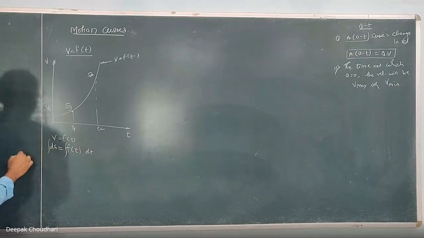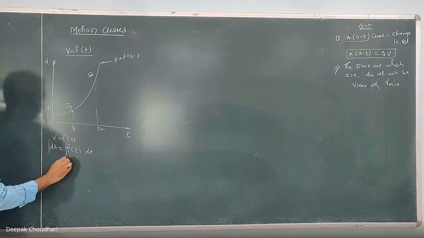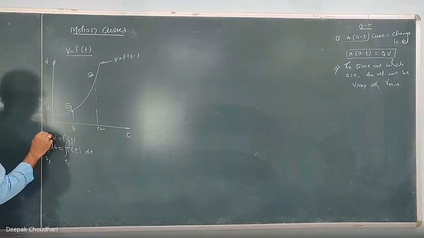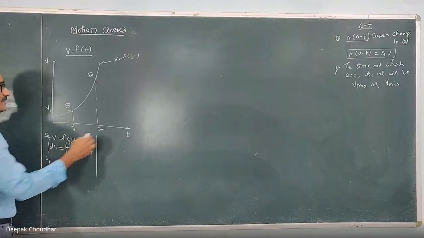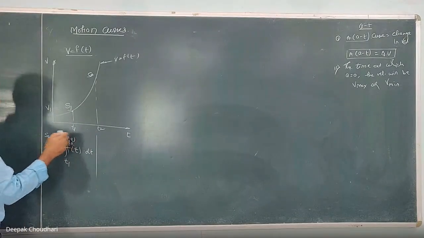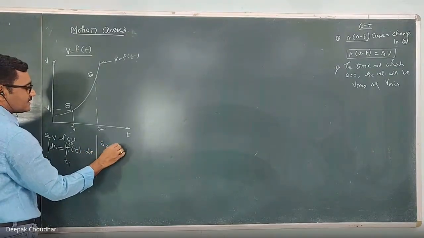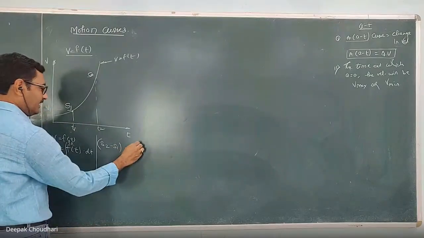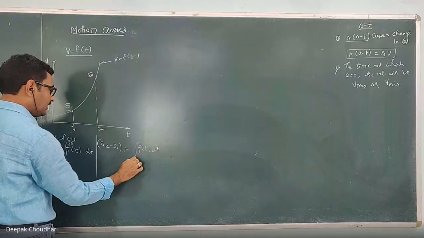If I integrate them on both the sides, let's assume that when time t is t1, the displacement is s1, and when time is t2, the displacement is s2. So from this one I can write down, here left hand side is the integration of ds from s1 to s2, which gives you s2 minus s1, which is equal to the integration of f of t dt from limit t1 to t2.